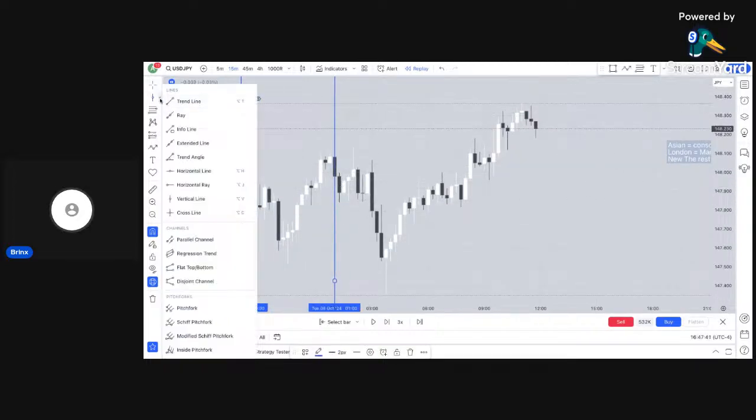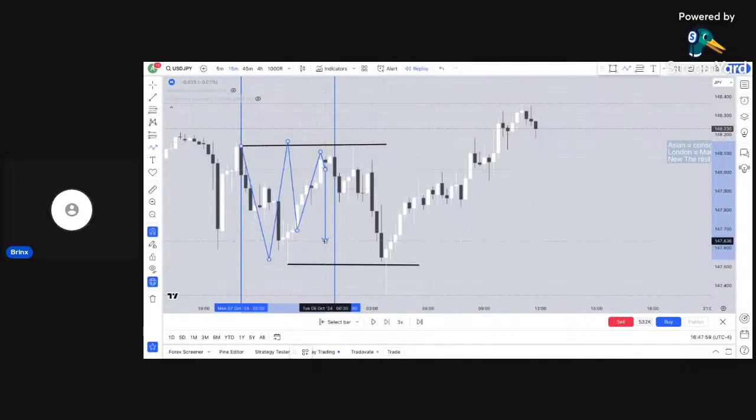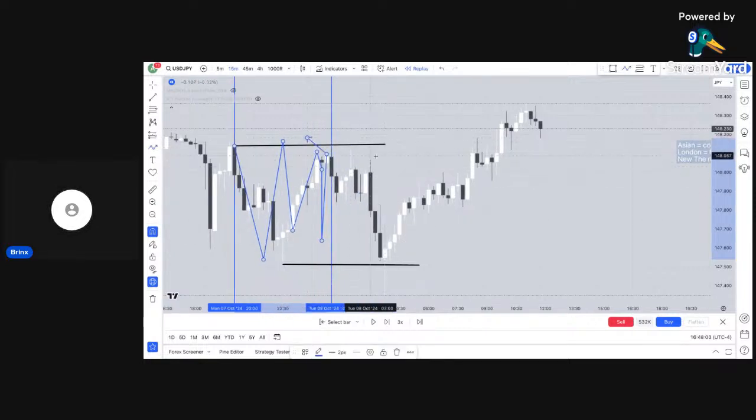How do we know this is consolidation? Because we can set a high and a low, and the market trades kind of in a range. Like it kind of just ranges, right? Up and down. Some days you'll see this market go up and down for more than that, but it's ranging back and forth.